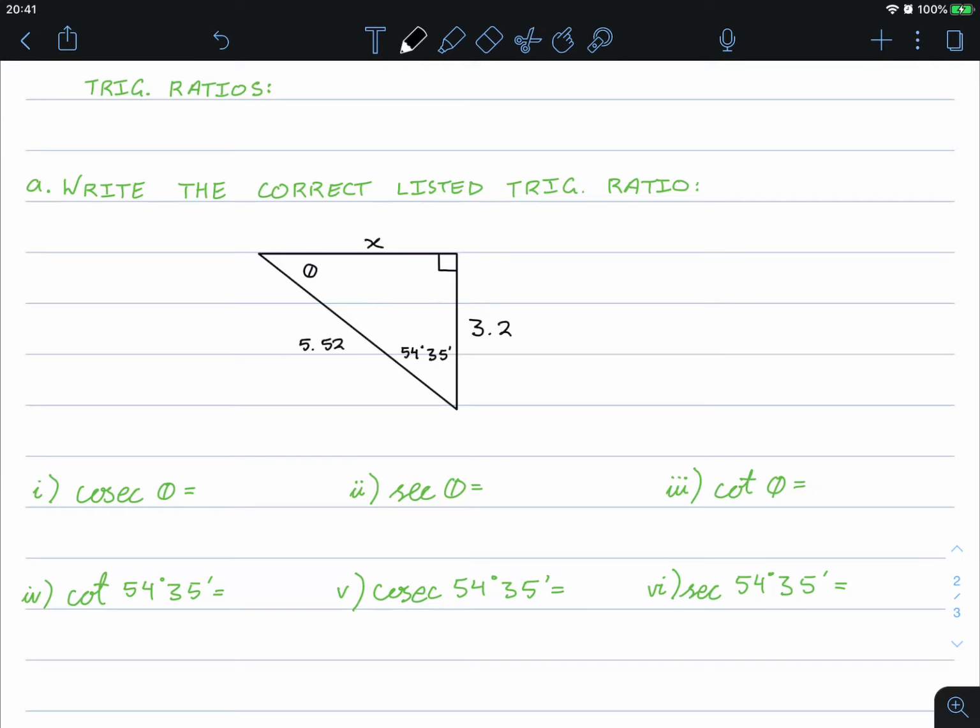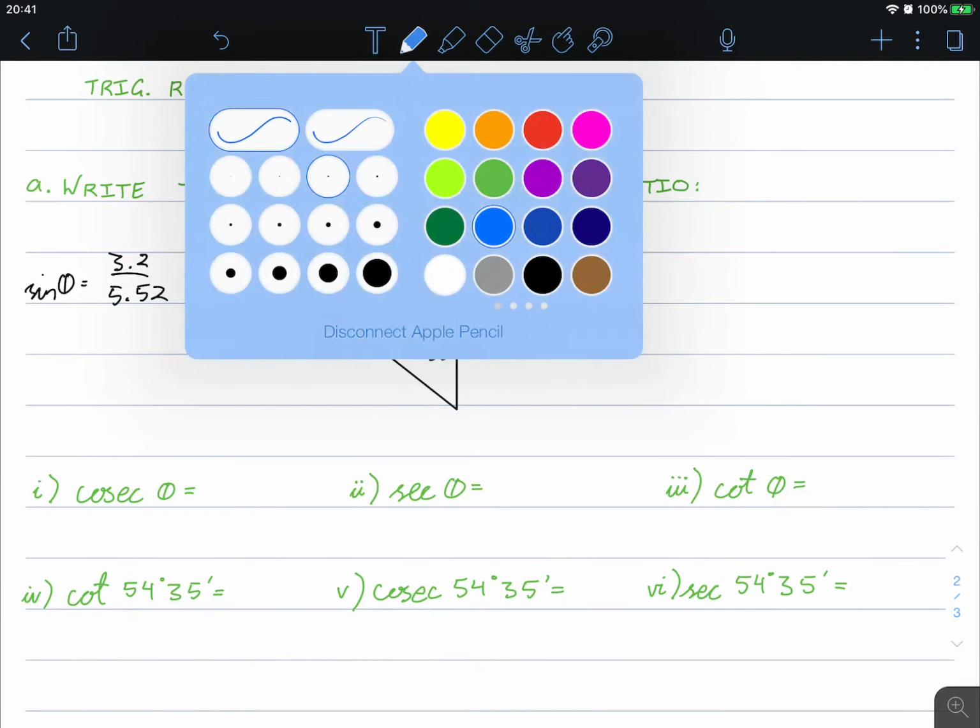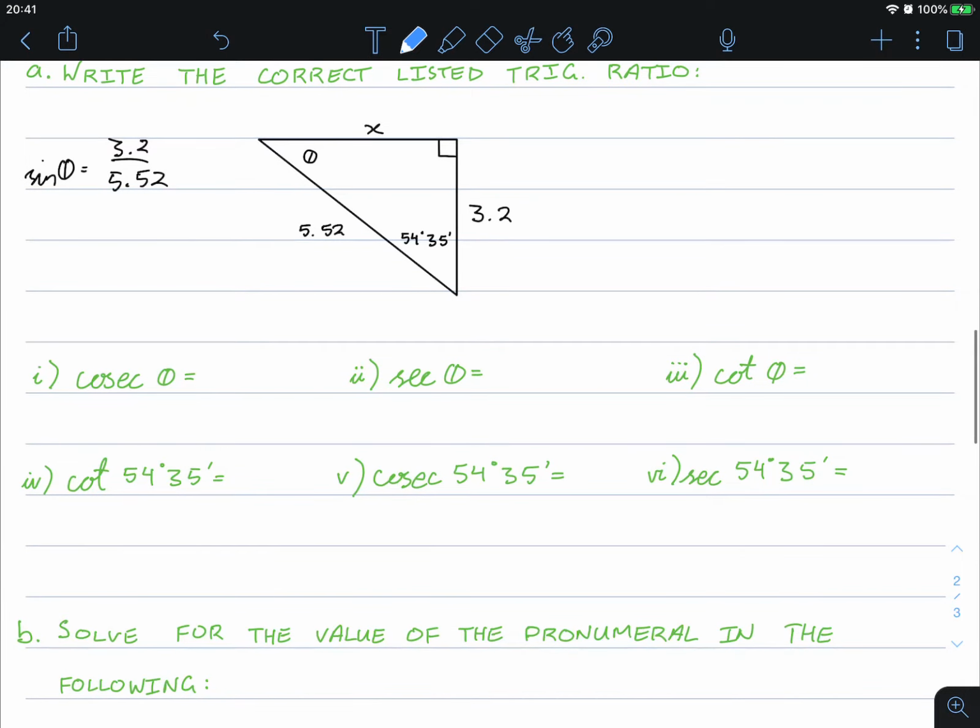I want you to write the correct listed ratios given here. So for example, if someone said, write for me sine of theta, well, sine of theta is opposite, 3.2, over the hypotenuse, 5.52. Let's do the same for these ratios.